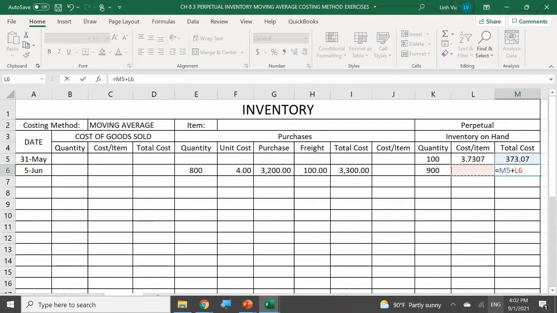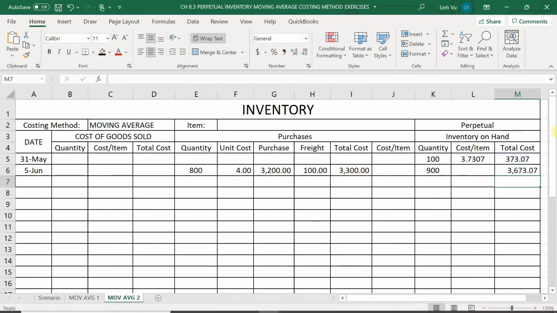With a total cost of $3,673.07. Good. All right.